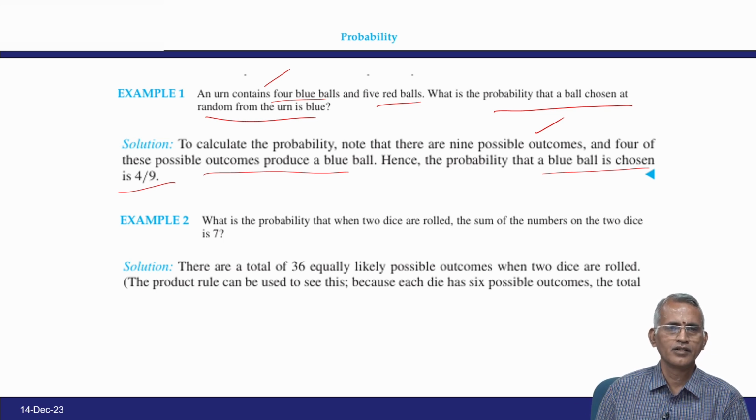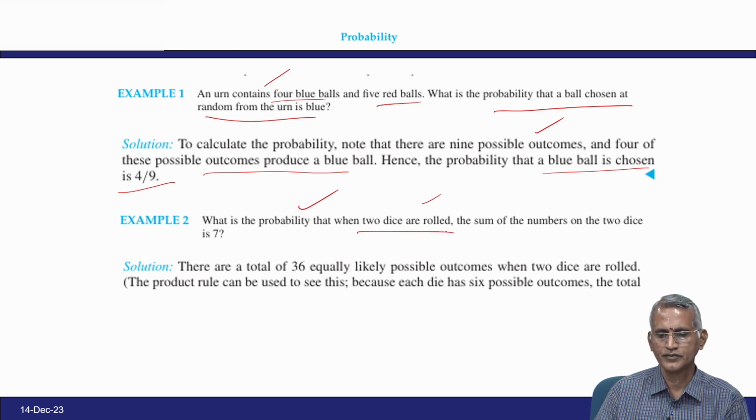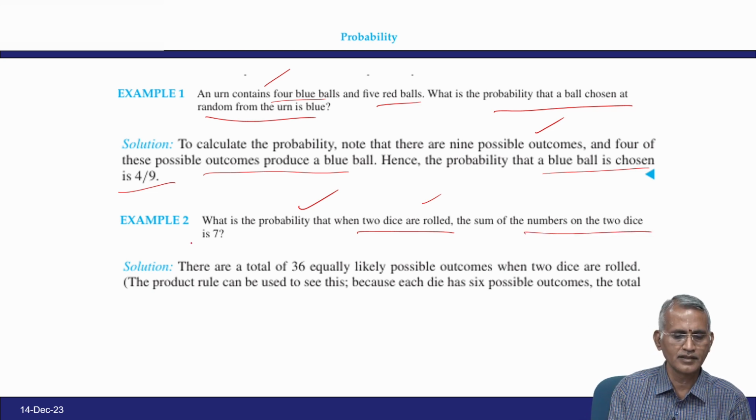Now, we are going to discuss another example: what is the probability that when 2 dice are rolled, the sum of the numbers on the 2 dice is 7?